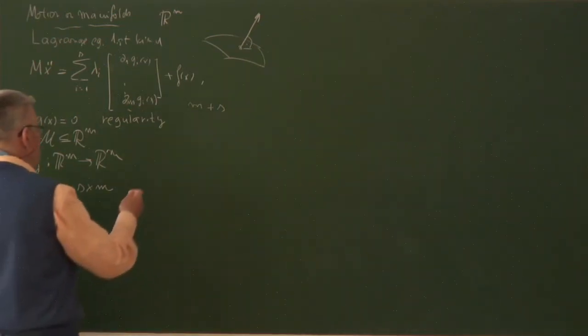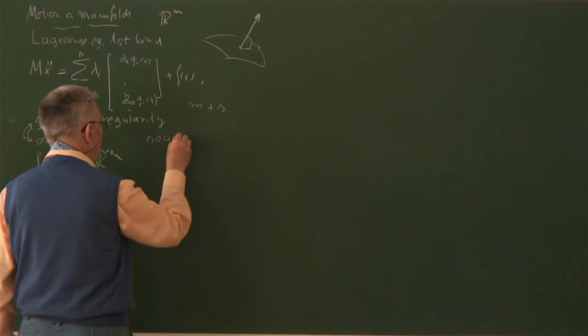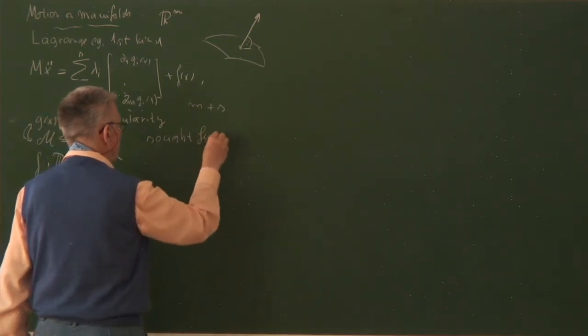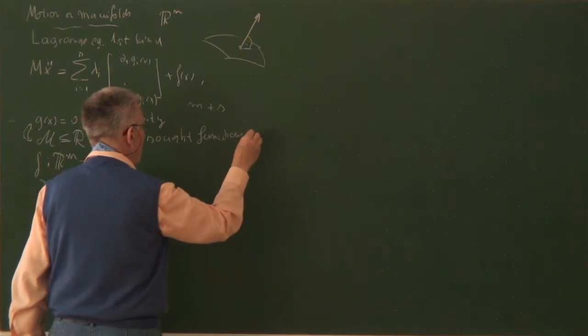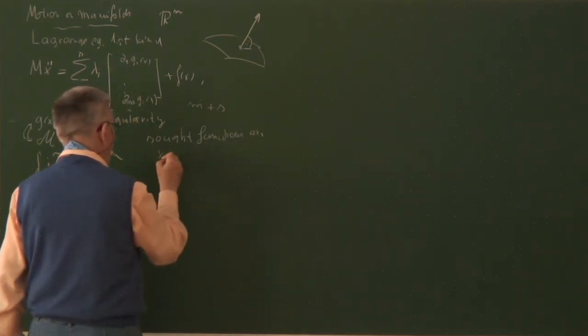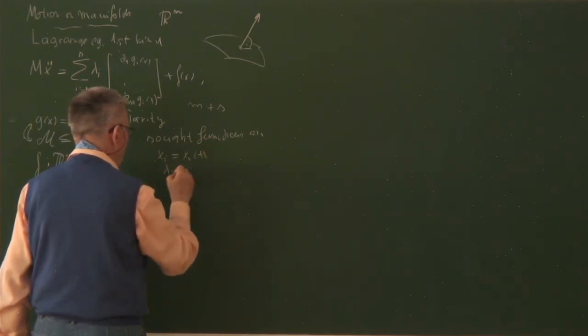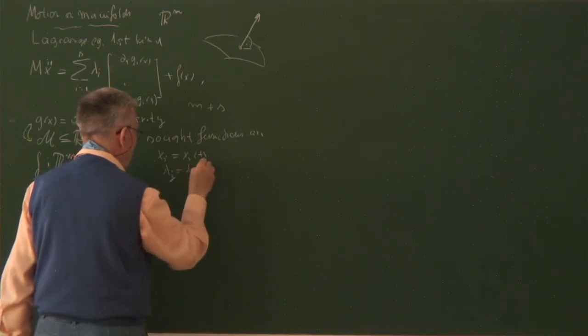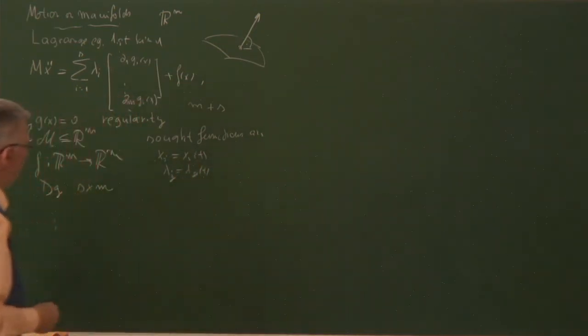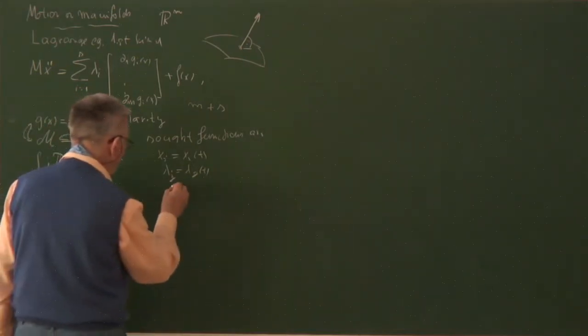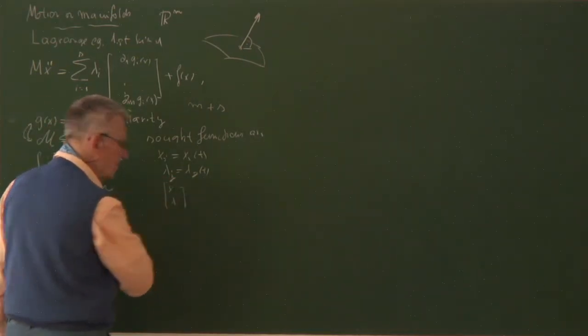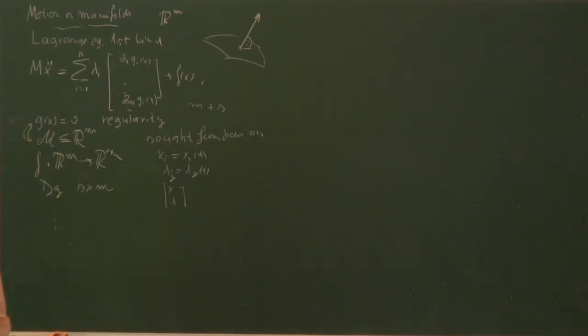So the sought functions are x i of t, and lambda j equals lambda j of t. Sometimes you will put them in a vector when using matrix formalism. Okay. That much for the setting. I think it's not bad to repeat it once more.